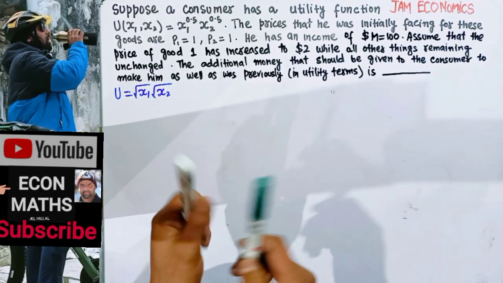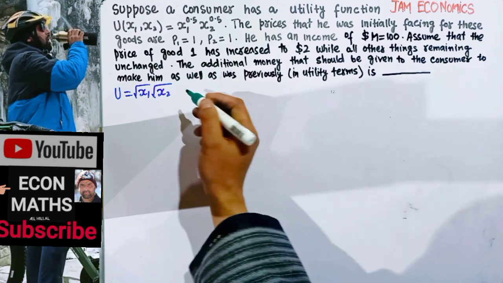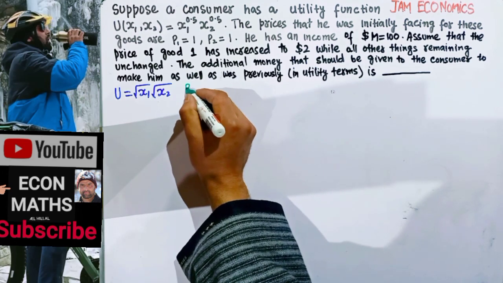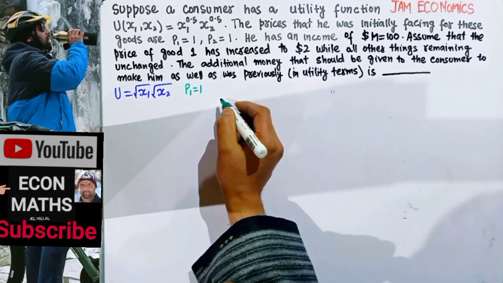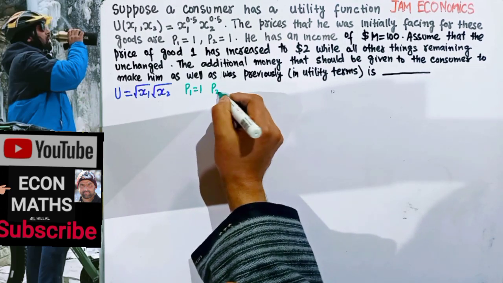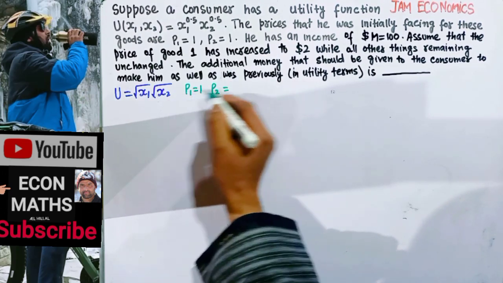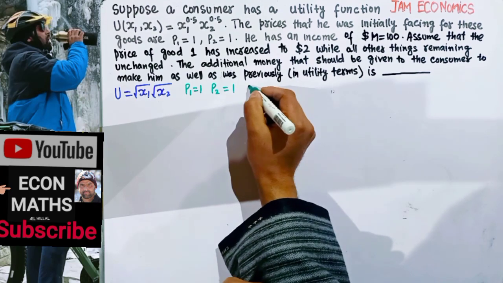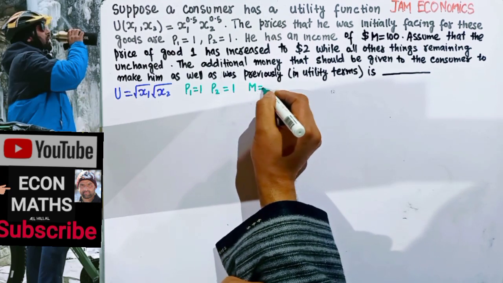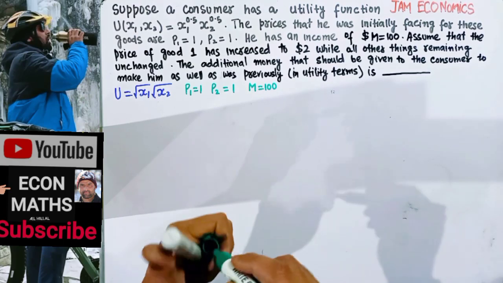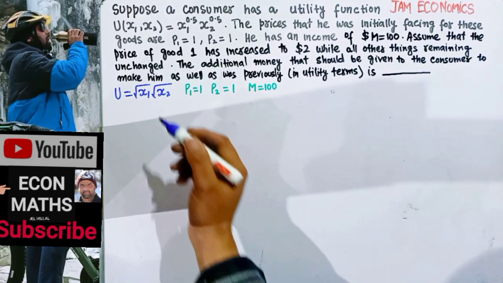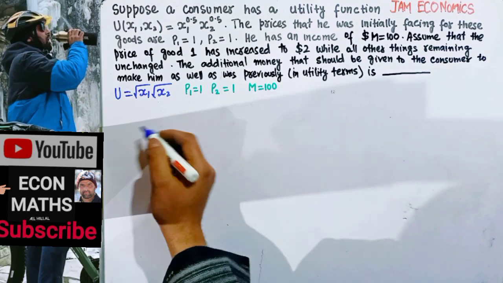Now initially the price is $1 for good x1, initial price for good x2 is also $1, and initial income is $100. Okay, so we need to construct the budget constraint.